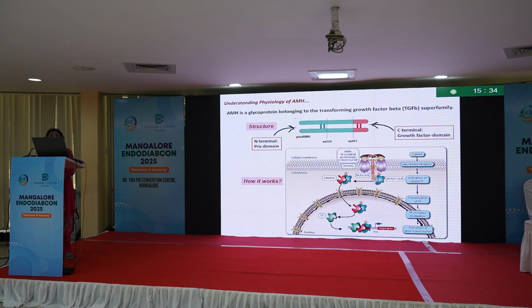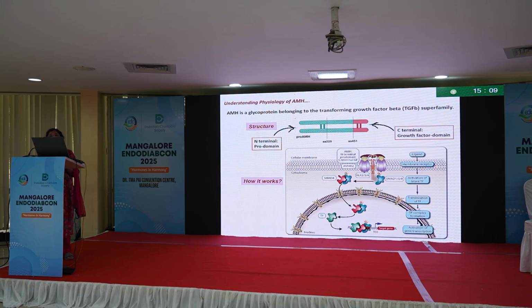So when we talk about that, let's first understand a little bit about the physiology of AMH. So AMH is essentially a glycoprotein hormone which belongs to the TGF beta superfamily. It has this structure where there is an N-terminal prodomain, and on the C side there is a C-terminal active domain.